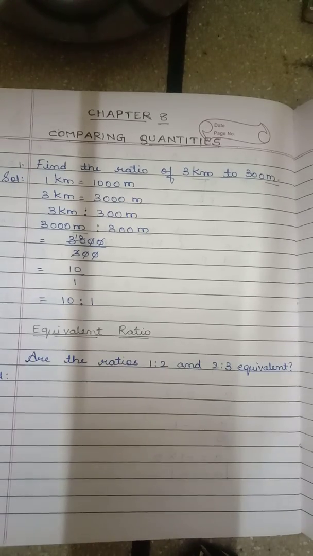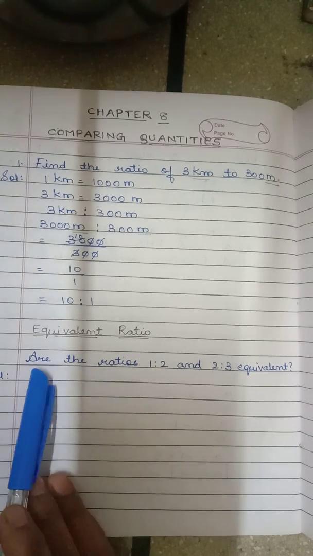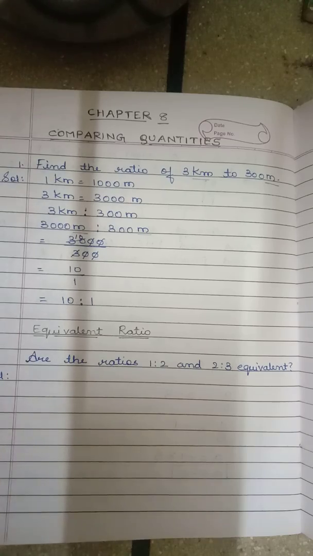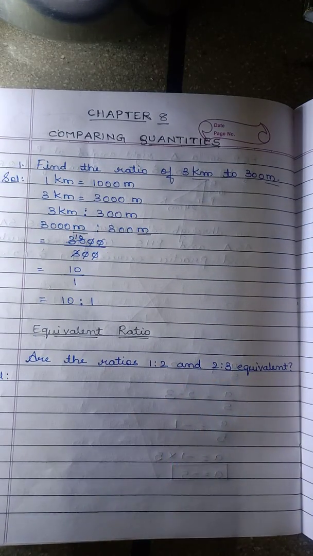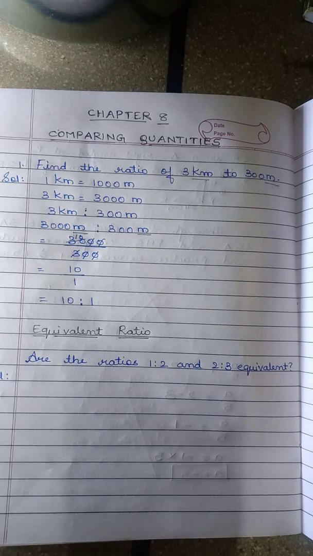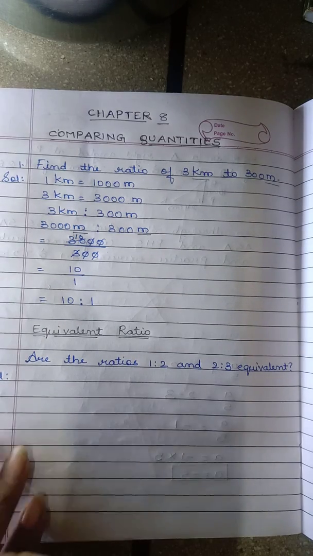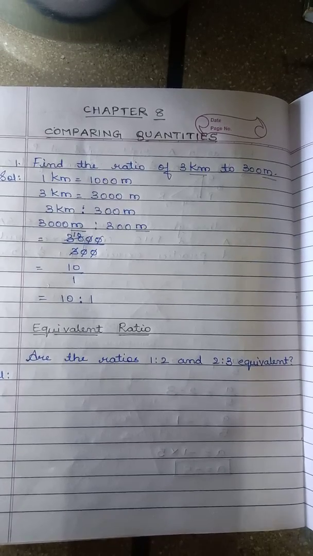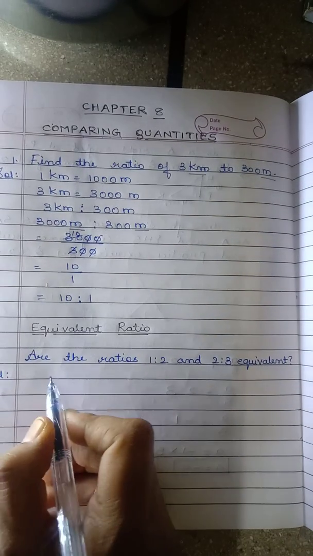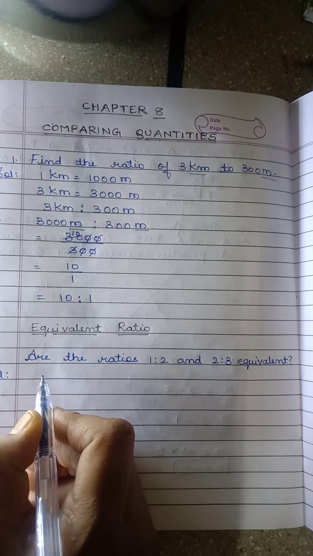Now children, let's see how to find whether the two ratios are equivalent or no. So now the question is, are the ratios 1:2 and 2:3 equivalent? How to find the two ratios are equivalent or no? So to compare the two ratios whether they are equivalent or no, write them in the fraction form.